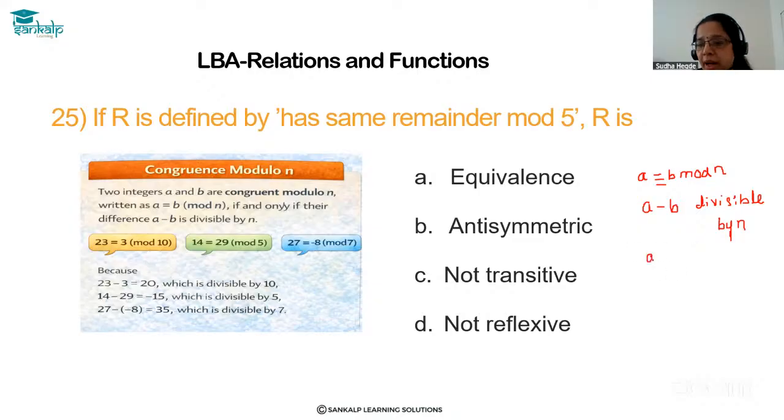If A minus B is divisible by 5, then can you say B minus A is divisible by 5?